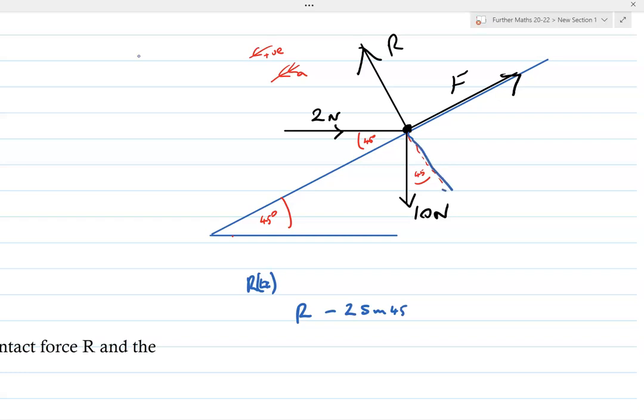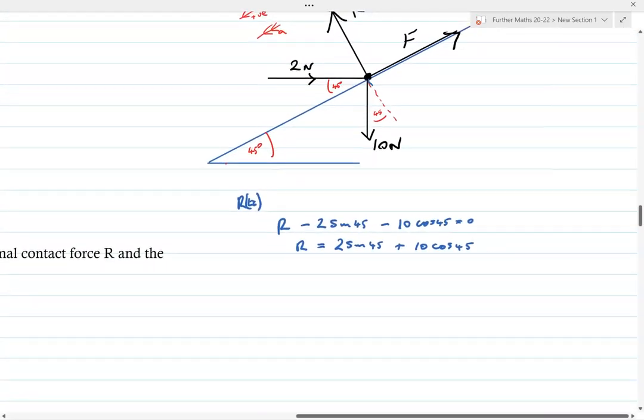And the component of the 10 Newton force, which is also going in the opposite direction, so that's minus 10 cos 45. With 45 degrees we'd get away with mixing them up, because sine 45 and cos 45 are the same thing. So I can't possibly say you're wrong, but just for consistency, I've put the same ratios as before. So that's the same equation as we had before, except theta is 45.